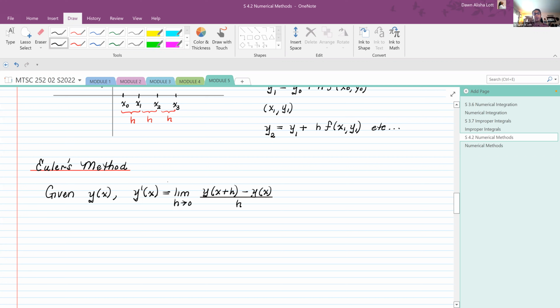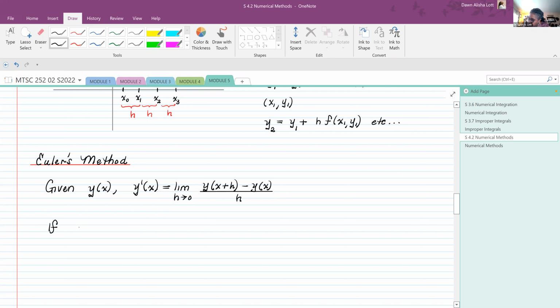But if h is really, really small, much, much less than 1, then y prime of x is approximately y of x plus h minus y of x all over h.